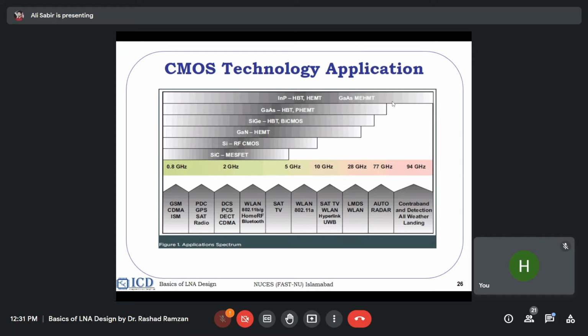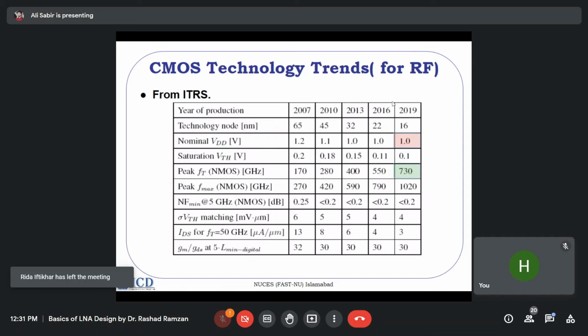Previously, 15-20 years back, there was a big problem using the CMOS technology because FT, which is the unity gain frequency for CMOS, was very, very small. If you go now to the recent technology, you see that the FT of the 16 nanometer is 730 GHz, and the nominal voltage has scaled down.